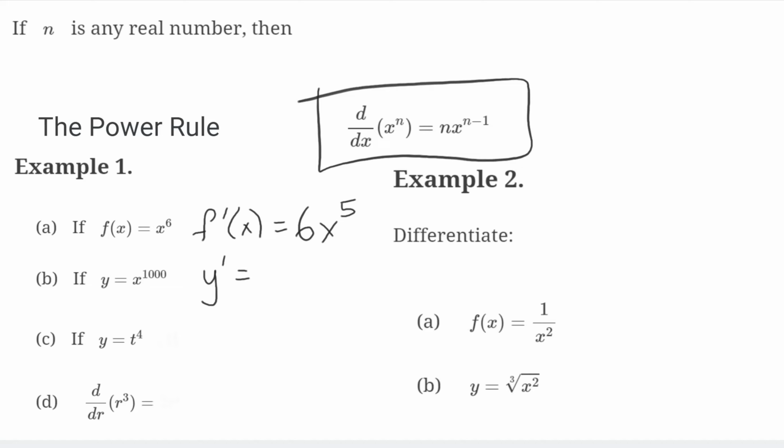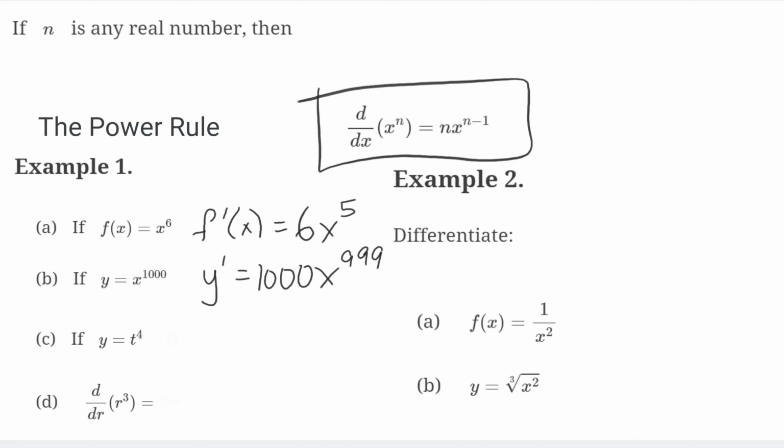What's the derivative of that? Yep, 1,000 x to the 999. And remember all those things we did on Tuesday with the limit rules to do exactly that. That's why he was getting the answer so fast.